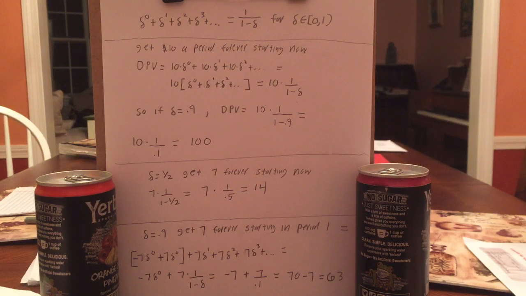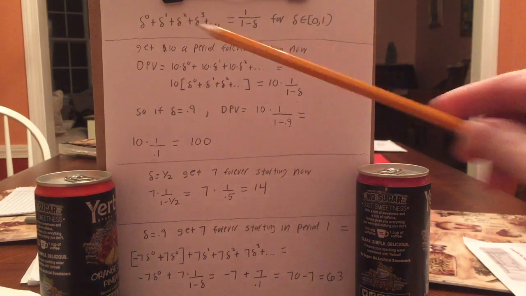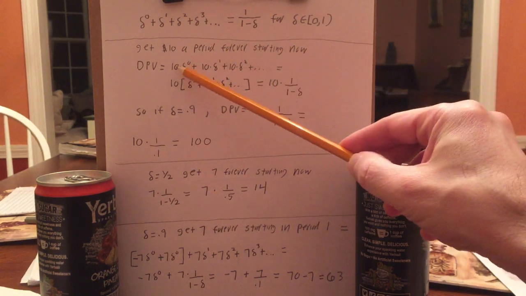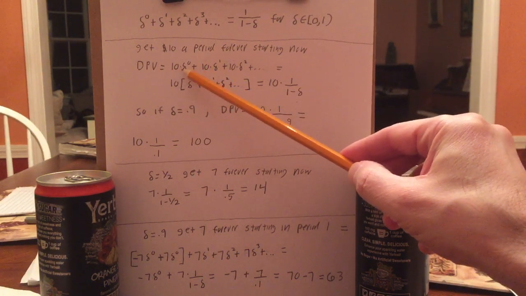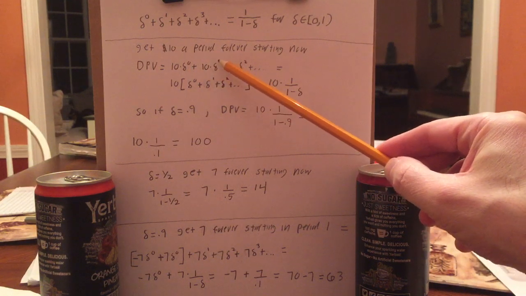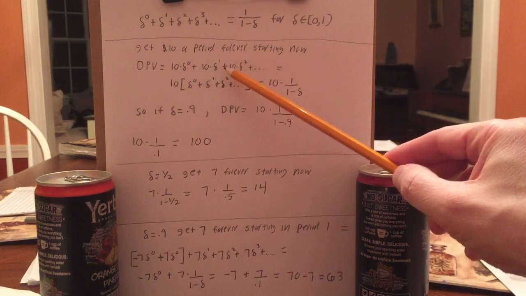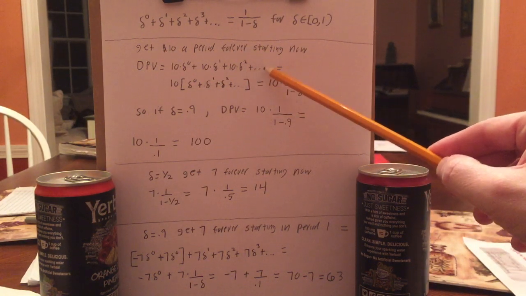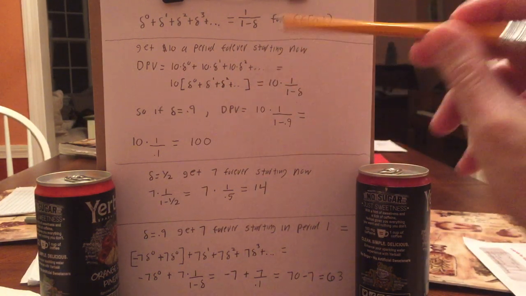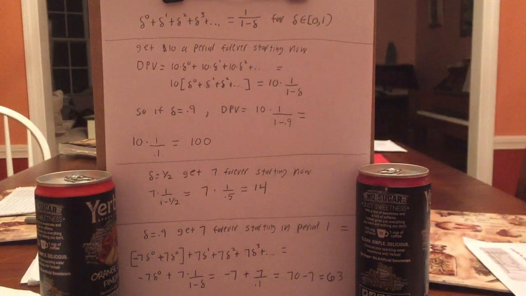So let's use that to calculate the discounted present value. Imagine that you are given $10 forever starting right now. What's that worth? Well, just from discounted present value, if you're given $10 forever starting now, it's 10 times delta to the 0, that's the $10 you're getting right now, plus 10 times delta to the 1, that's the $10 you're getting in one period, plus 10 delta to the 2, that's the $10 you're getting in two periods, plus 10 delta to the 3, 4, 5, dot, dot, dot, this just keeps going.